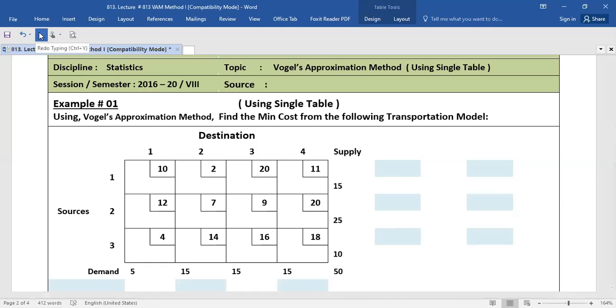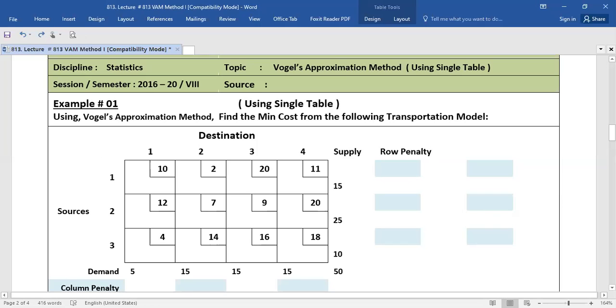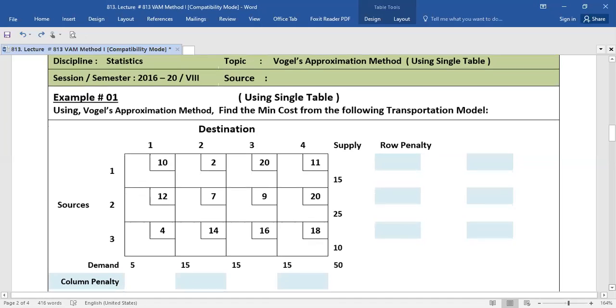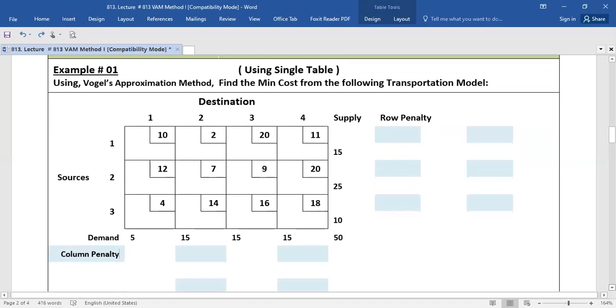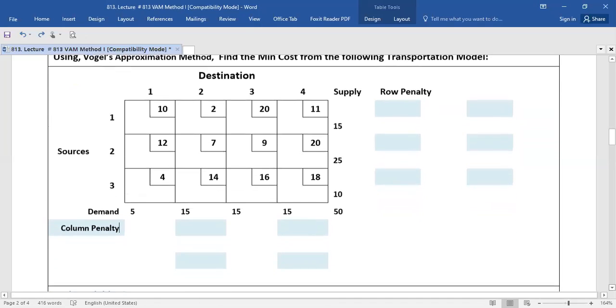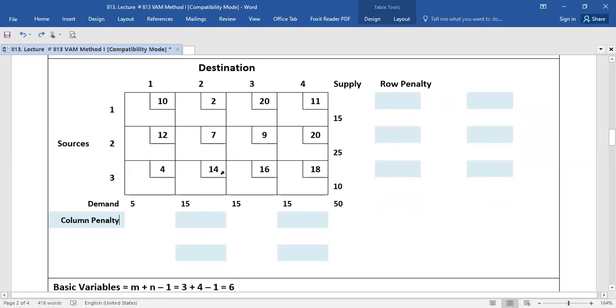Now here we will find penalties. I will write row penalty on this side, and on this side I will write column penalty. I have written row penalty, and on this side I have written column penalty.